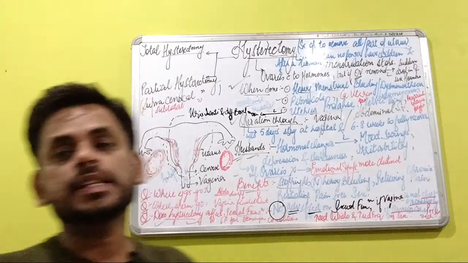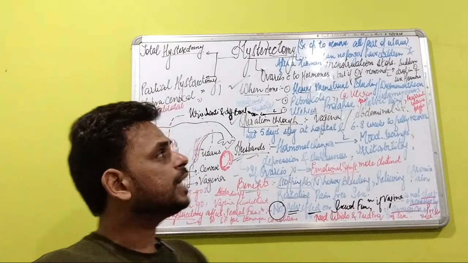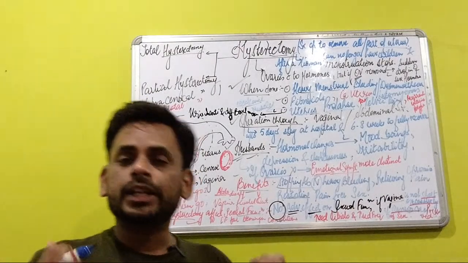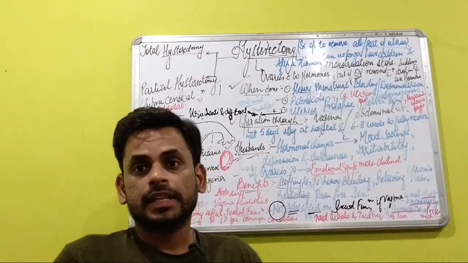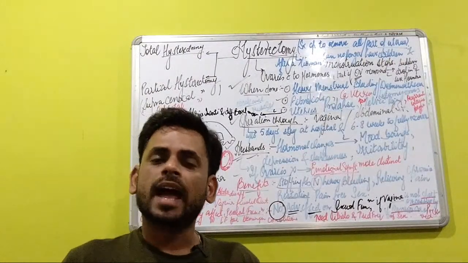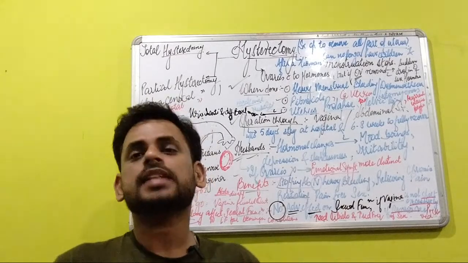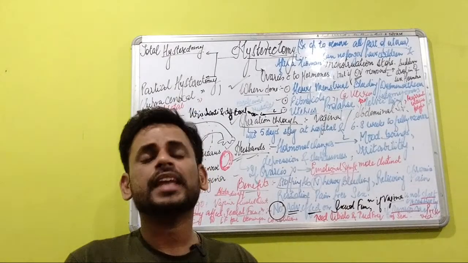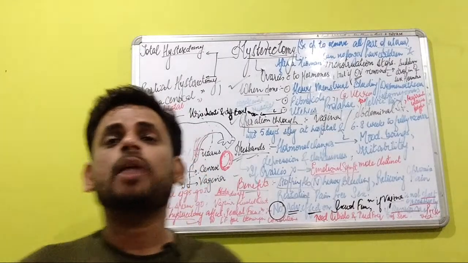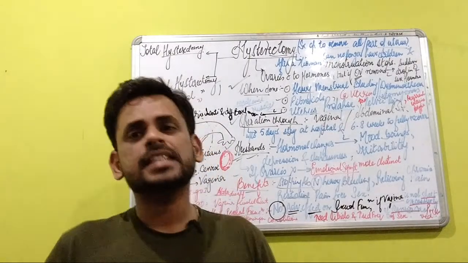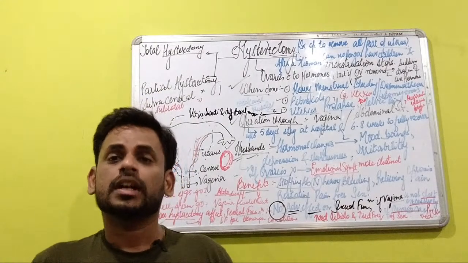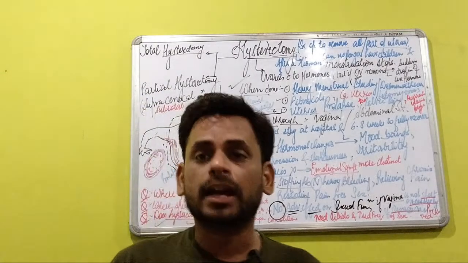But in certain situations, some women complain that during their menstrual period they have an excessive amount of menstrual bleeding, accompanied by intense abdominal cramps, and that pain is unbearable.